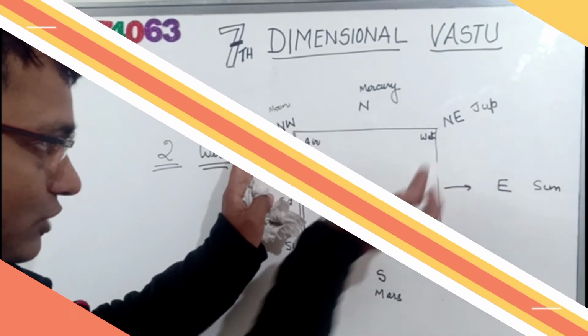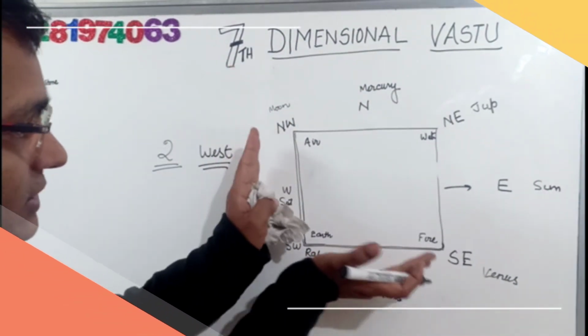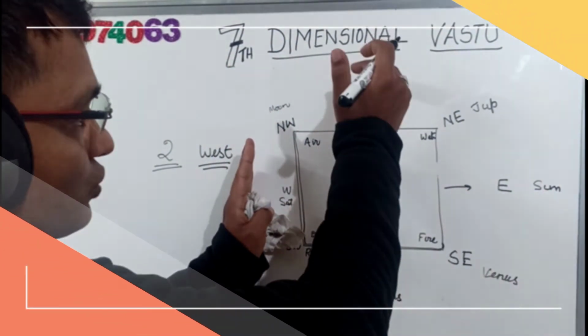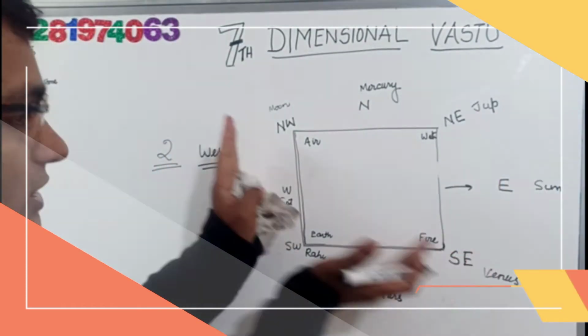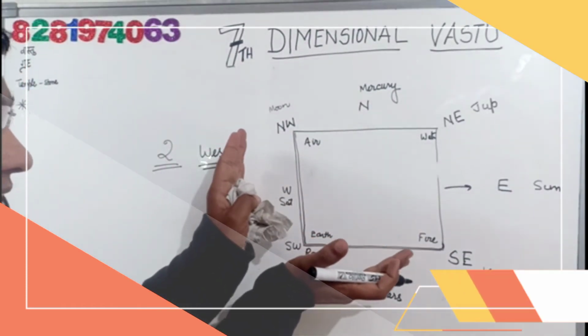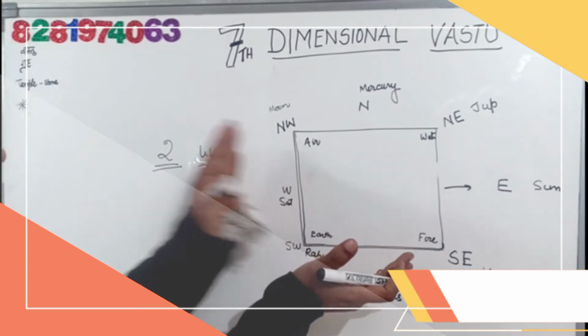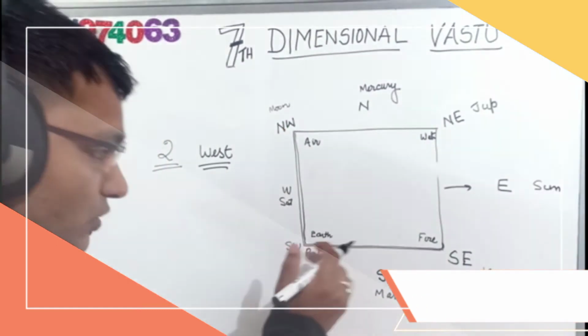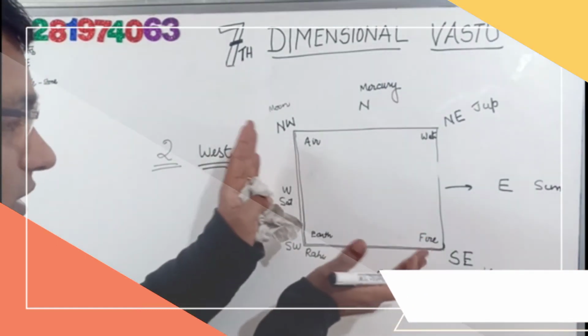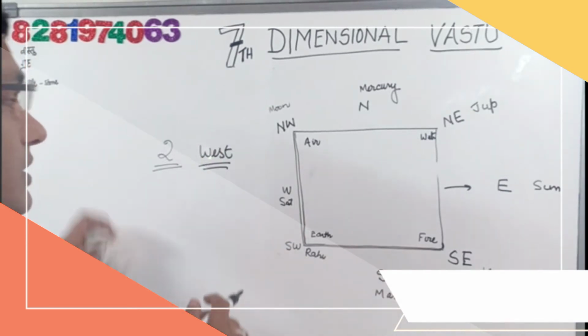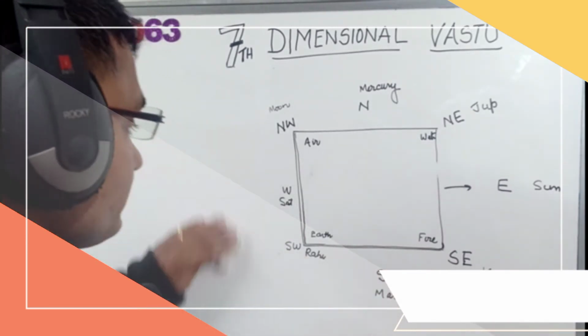Not only wall, actually any room or anything you are going to make on top of the house should be like this. Sunlight should come like this, and the north side should be open, the east side should be open, so that sunlight accumulates here and does not go outside. There may be a window, there may be a door, but the wall should be here like this. Okay, so this is the second point.